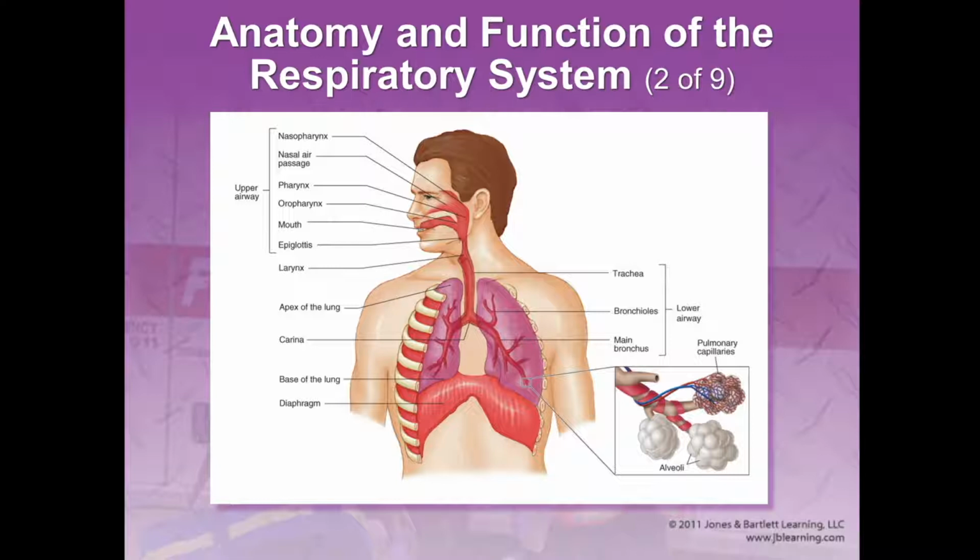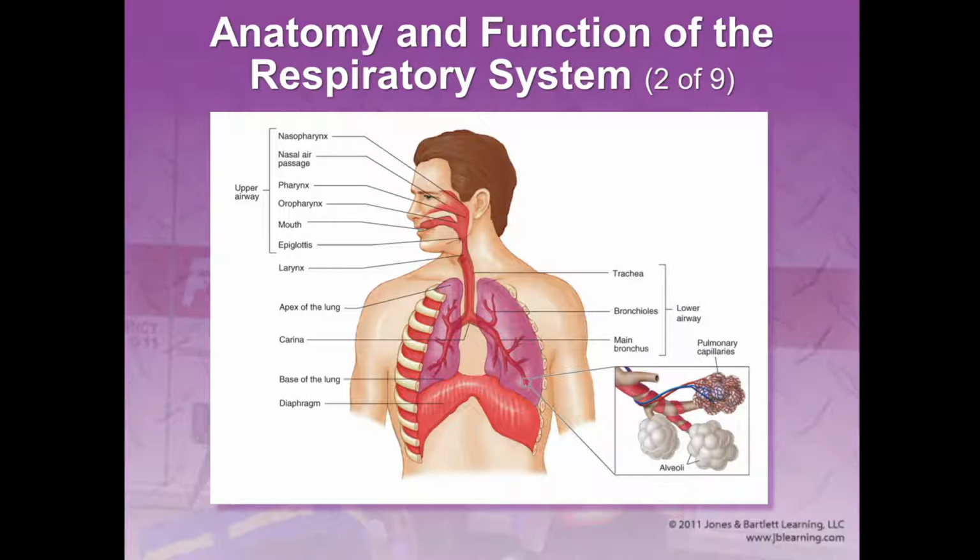Then if we're talking about air, we're talking about respirations. Your epiglottis is covering your esophagus. Air goes into your trachea. Your trachea goes all the way down to your bronchi, which look like roots of a tree.